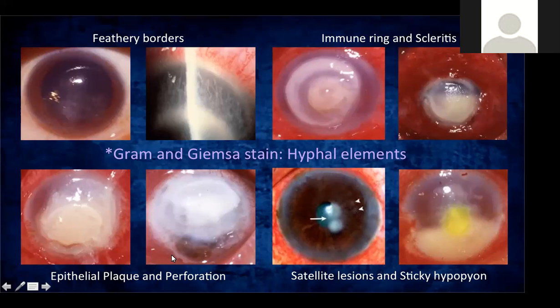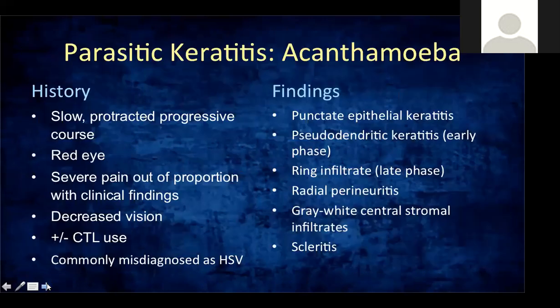So for the more experienced ophthalmologists, when they see this, they already have the fungal etiology in mind. Again, we have to do microbiological studies, and when you do a Gram stain or a Giemsa stain, you're able to identify hyphal elements.